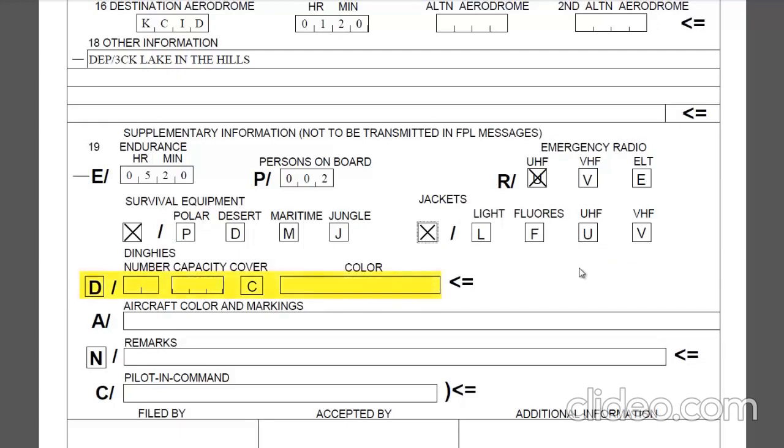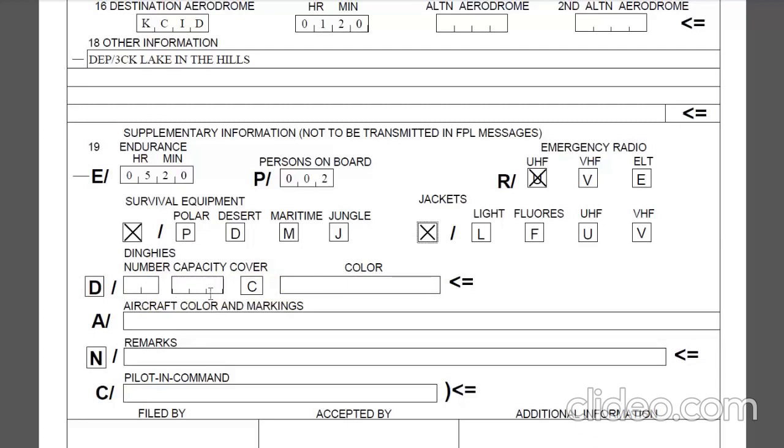The dinghies section is also not required. This is where you would put the number of dinghies you have. Dinghies are like life rafts. And the capacity of the total of them, whether they're covered or not, and the color. If we had 3 dinghies, we would put a 0 here and a 3 here.